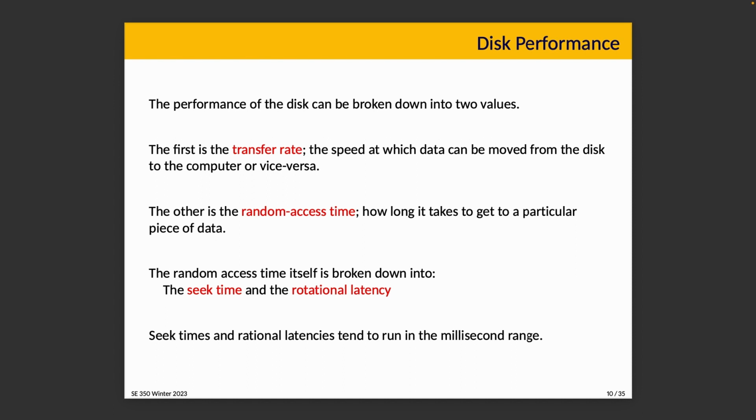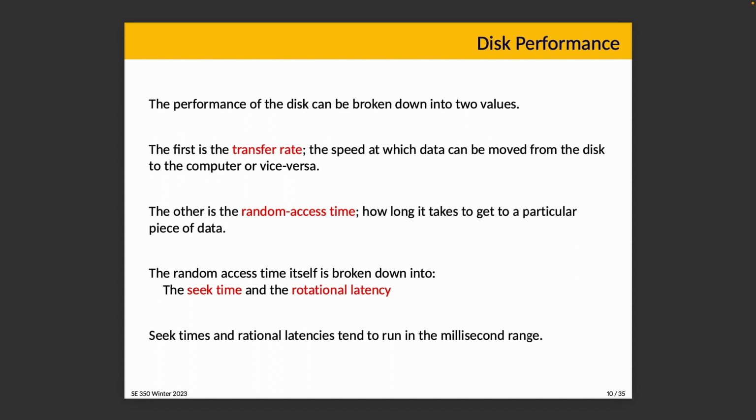The first part is about once we have got to the correct location, how quickly can we get the data that is at that location into memory. The second part is more along the lines of how long does it take to get to a random location on disk. If we know the data is somewhere, we've identified a target location for it, well, we still have to go there and we still have to get it. The random access time itself is broken down into 2 components, the seek time and the rotational latency.